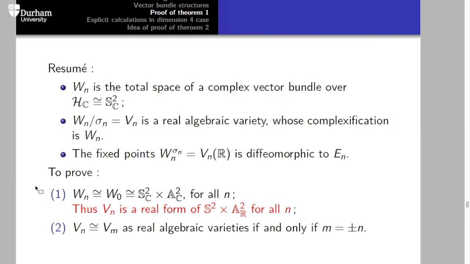And secondly, I have to show that Vn is usually not isomorphic to Vm. In fact, that as real algebraic varieties, they're isomorphic if and only if m equals plus or minus n. Once I've done that, I have my examples for theorem 1.